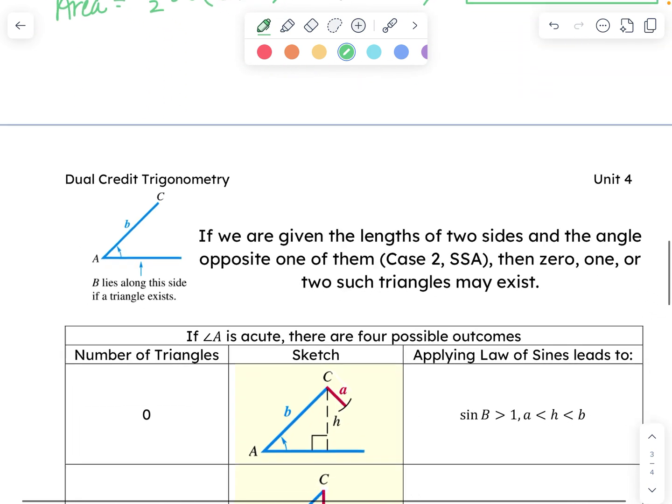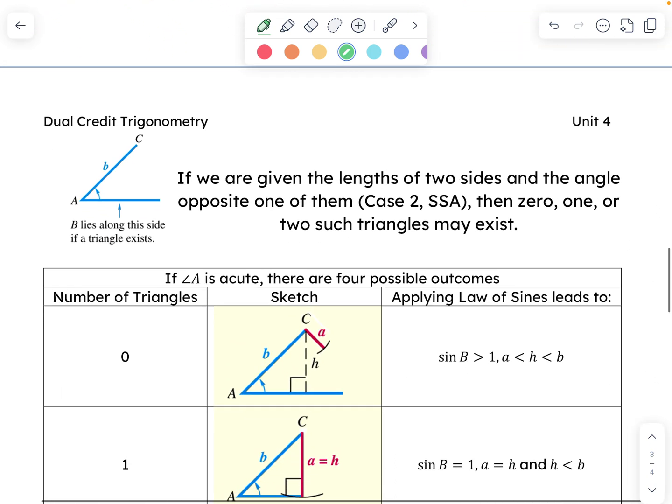And that's if you're given a triangle where it is side, side, angle. So if we're given two side lengths and then the angle that's opposite one of those side lengths, then there's a couple different possibilities for what could be happening here. The easy way to remember that this one is the ambiguous case is because if you look at what I have highlighted there, if it's spelled backwards, it spells a bad word. So that's the bad one because it spells a bad word.